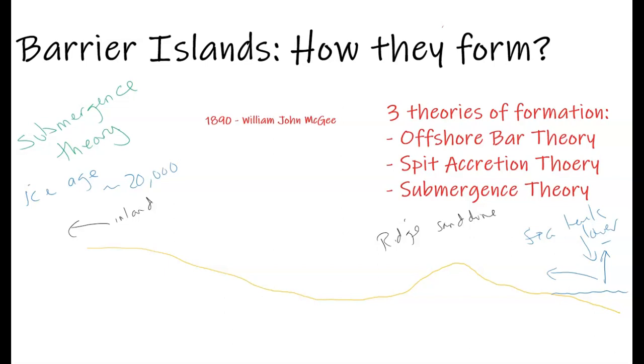Now, this is well discussed in literature as the most prominent way of forming the barrier islands, especially on the east coast of America on the Atlantic Ocean, and the Gulf, where you have this very passive, gentle slope. The sea level rose rapidly, between 15 to 12,000 years ago.